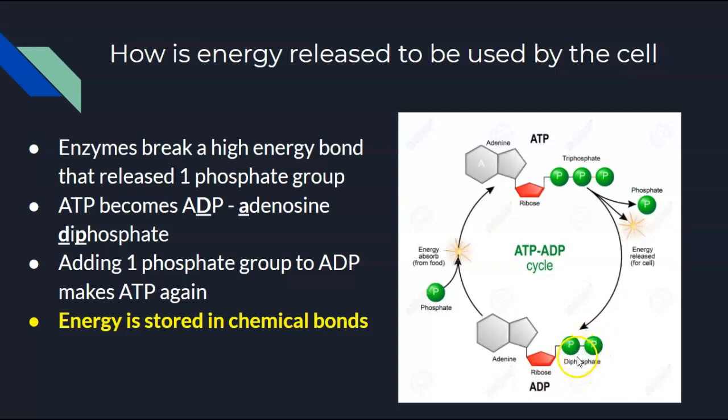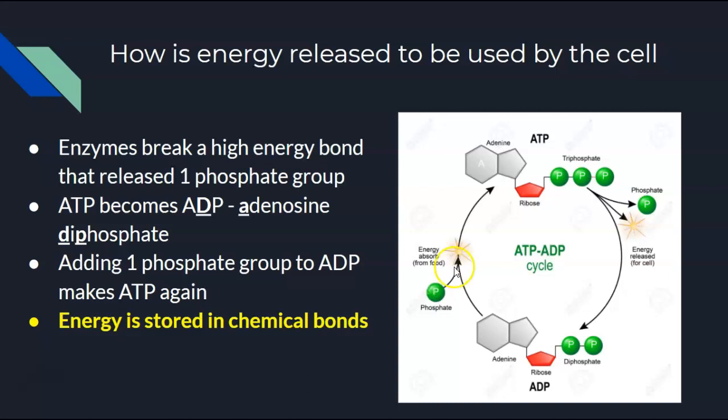It just makes sense, right? Two phosphates. So lost a phosphate, gained some energy. We now have adenosine diphosphate, ADP. And then when you eat food, right, and you break down those polymers into monomers, phosphates are also broken down from the polymers, and those phosphates can then be added in to ADP.